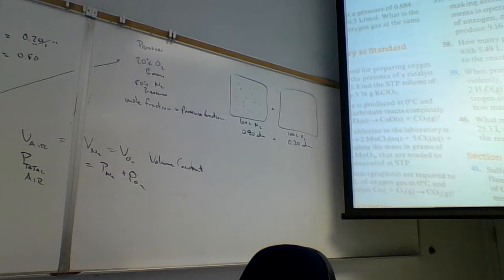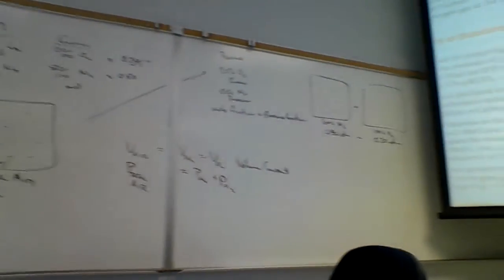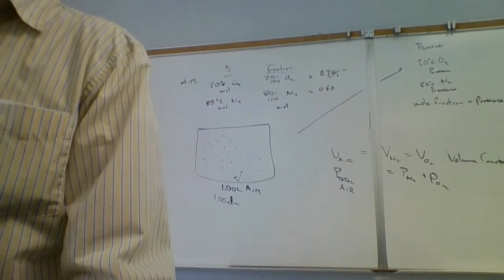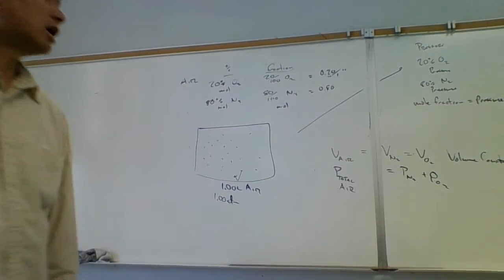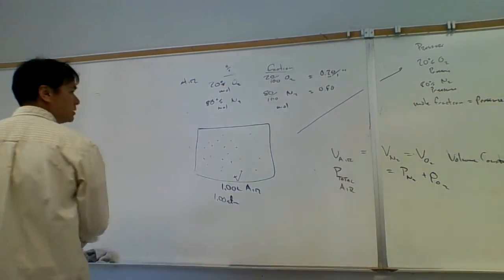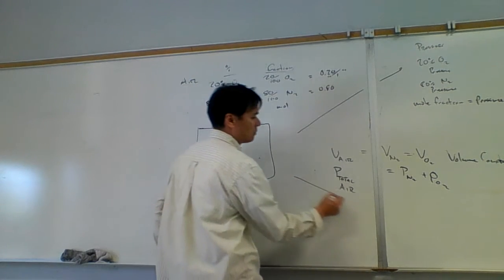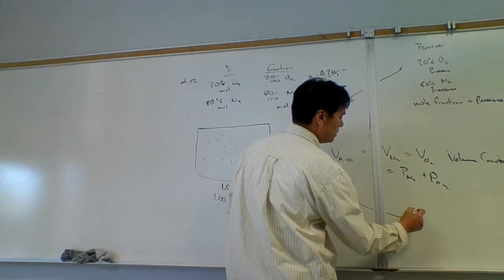The reason we like things in mole fraction is because mole fraction is equal to the pressure fraction, according to Dalton's law. Whereas the mass fraction doesn't do that. The other reason we like mole fraction is because the mole fraction is equal to the volume fraction. And so there are 2 ways of visualizing the exact same mixture.